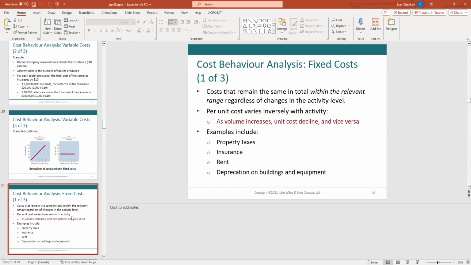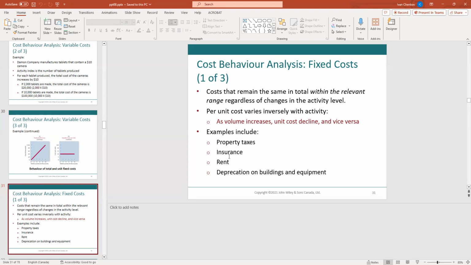If four people live in that apartment, the cost for the apartment is still going to be $1,000. The total fixed cost is $1,000, but the cost per person now goes down to $250. So you can see the rent is fixed regardless of the number of people living in the apartment, but the cost per person depends on the number of people. The more people living in the apartment, the less cost per person. So that means that if the volume increases, the cost per unit declines.